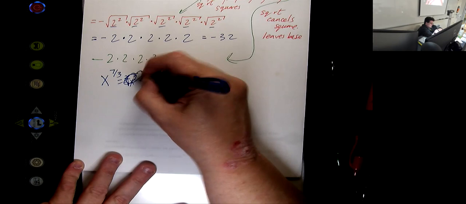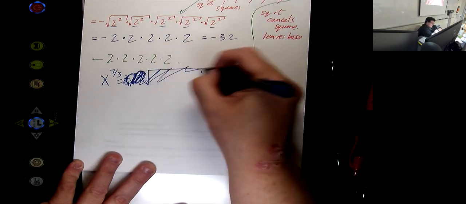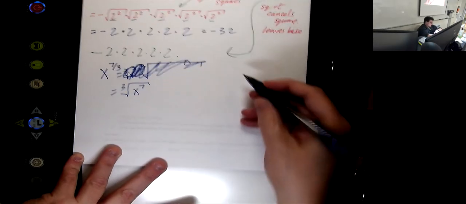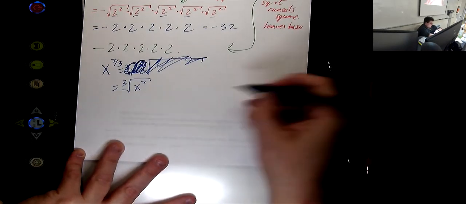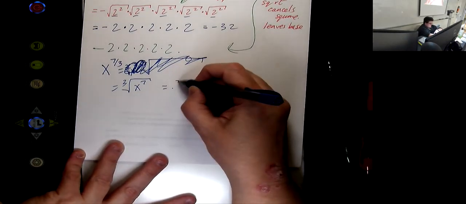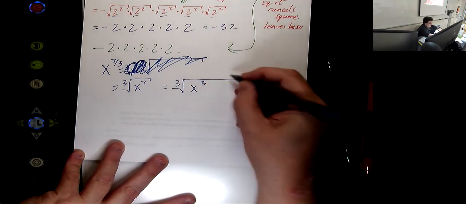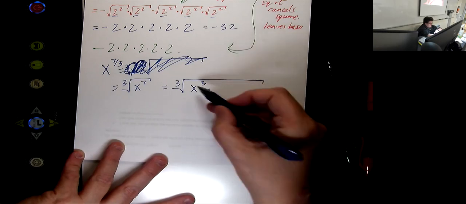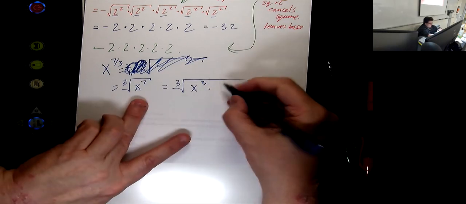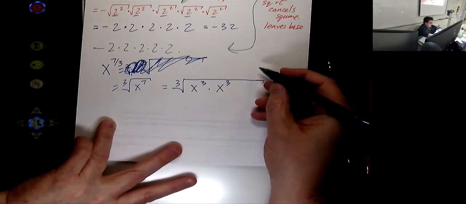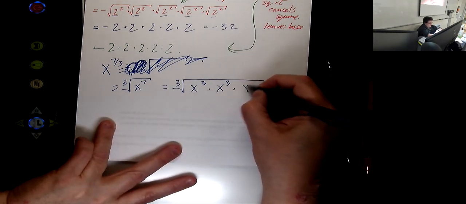I didn't give myself a lot of room, I'll just write right here. Cube root of x to the 7. What I'm going to do is take that 7 and keep peeling off a 3. If I take 3 away from the 7, I've got 4. I can take another 3 away, and I'm left with just x to the 1st power.